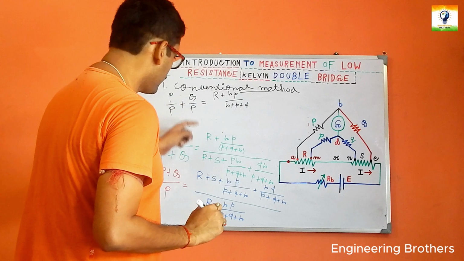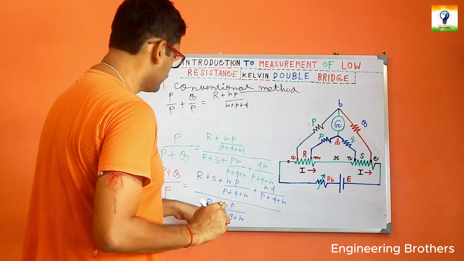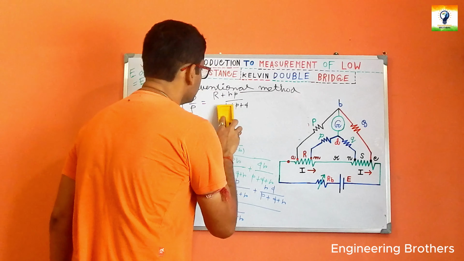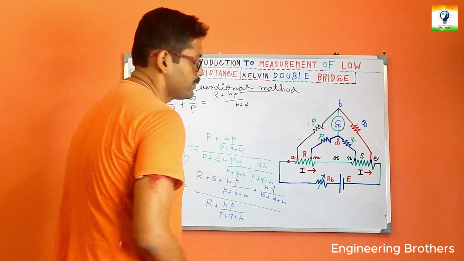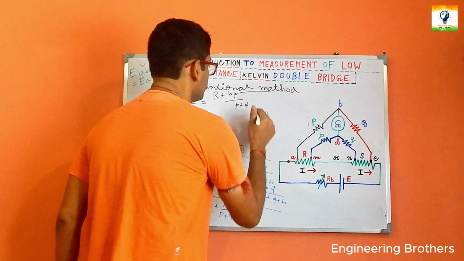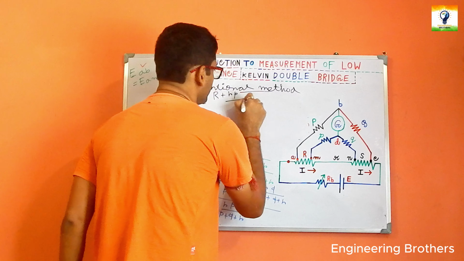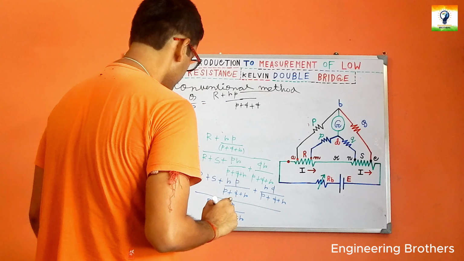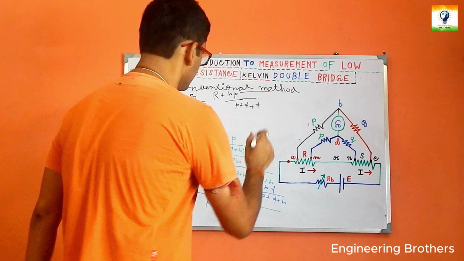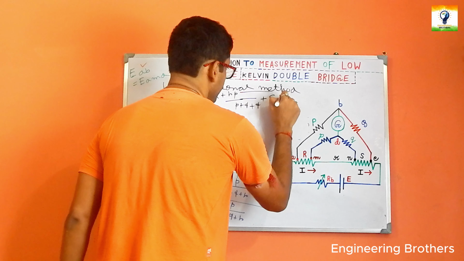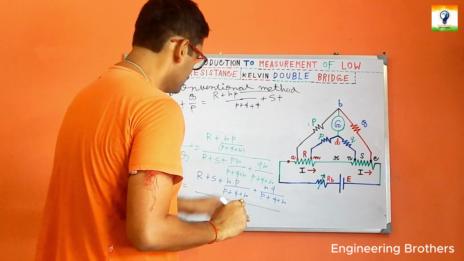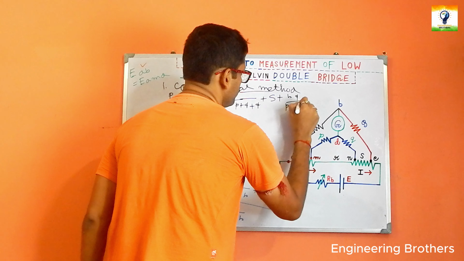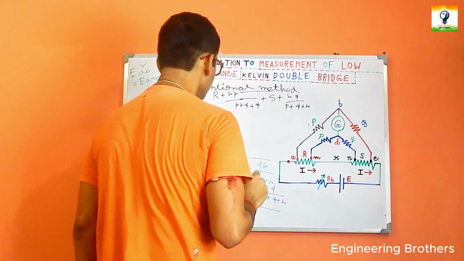Now, r plus q divided by small p plus small q plus small r, and I should write this r in the next part of our addition. That will be much better for you to understand. I should take that out and consider plus s plus small r q divided by small p small q plus small r.